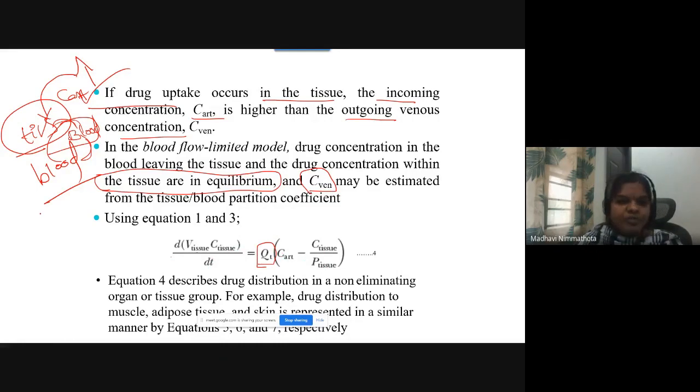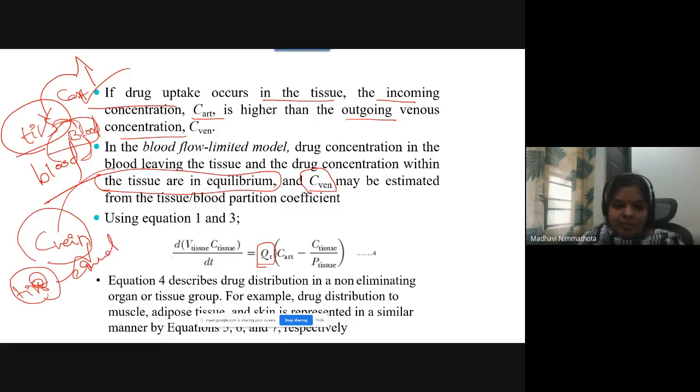So in case of the blood flow limited model, the drug concentration in the blood leaving, that is C vein, and the concentration within the tissue, both are in equilibrium. And this equation describes the distribution of a non-eliminating organ or tissue group. For example, drug distribution to the muscle, adipose tissue and the skin is represented in a similar manner.